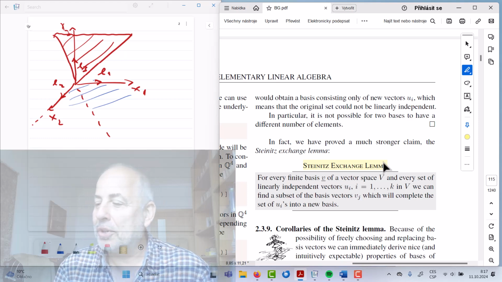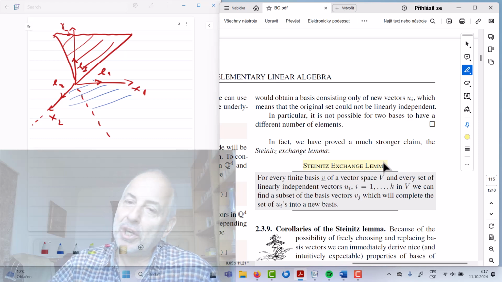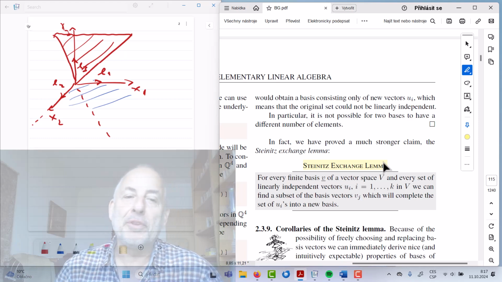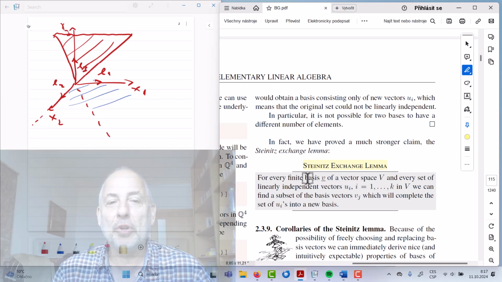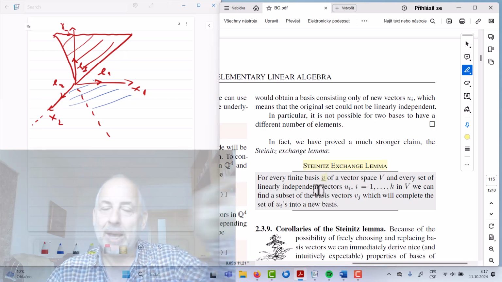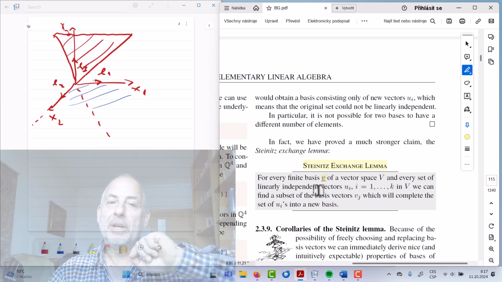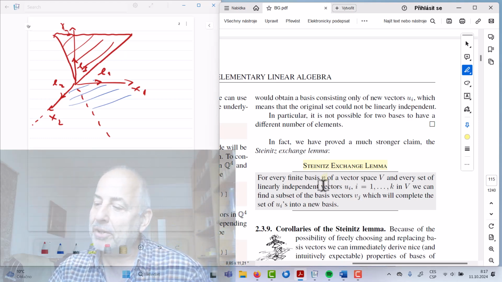So this is called the Steinitz exchange lemma, and it's something which is proved in the proof of the theorem, and it's a much stronger result, because it says that if you've got a finite basis, so look, I'm underlining, I'm using the V for the name of the individual basis, and I underline it.